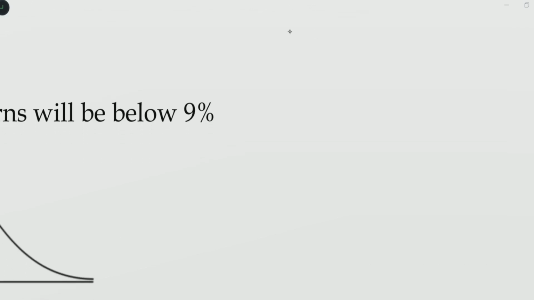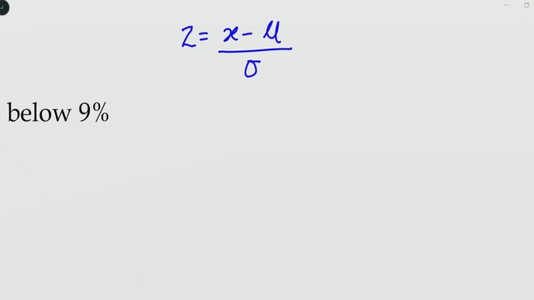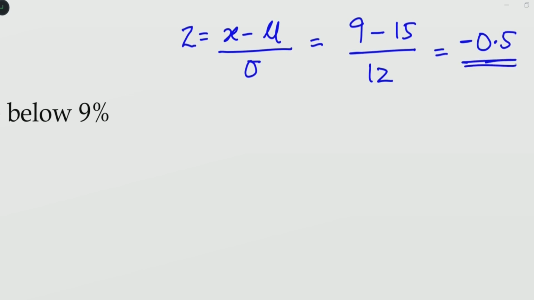So we always write z equals x minus mu divided by sigma. So what is the x value over here? 9. So it will be 9 minus 15 divided by 12. That is going to be 9 minus 15, which is minus 6, and minus 6 divided by 12 will be negative 0.5.